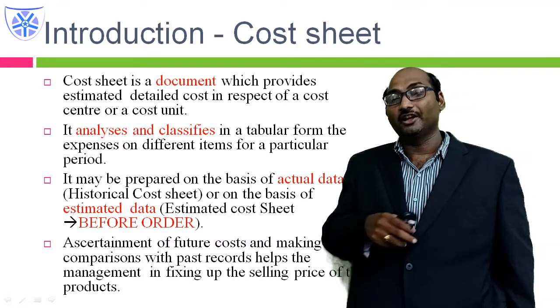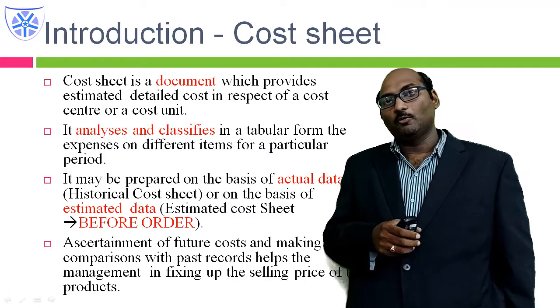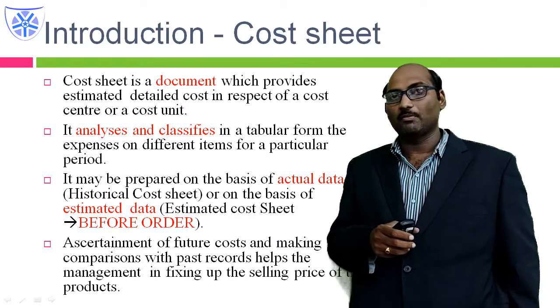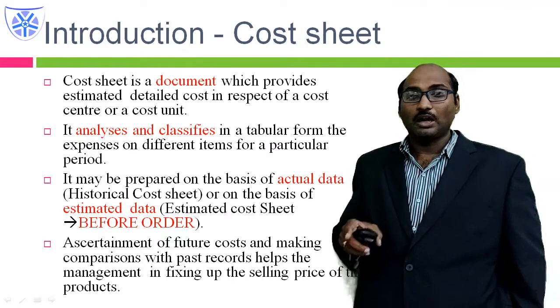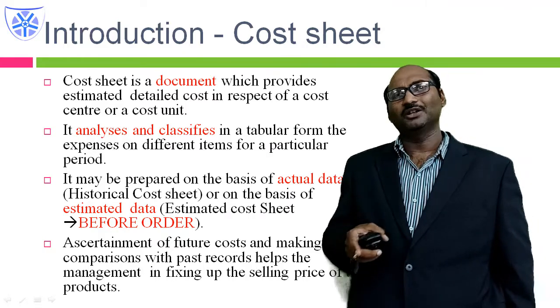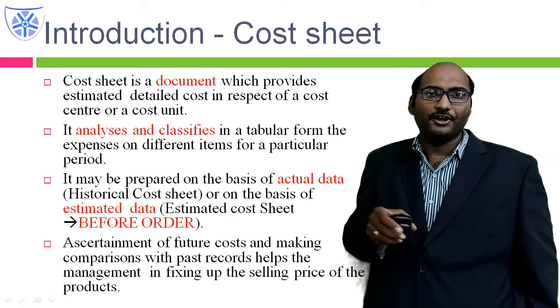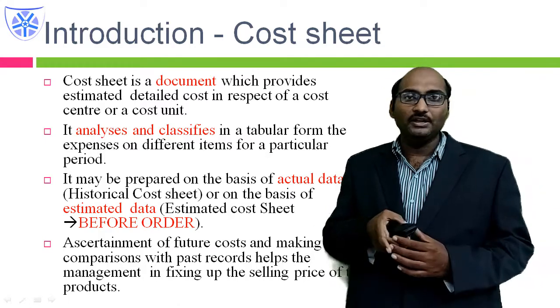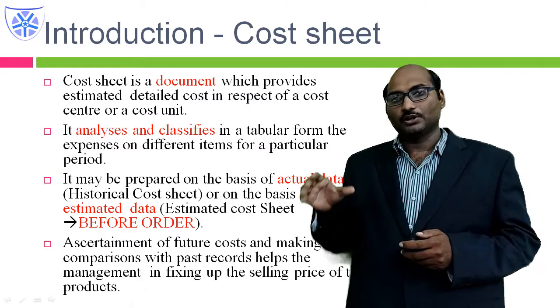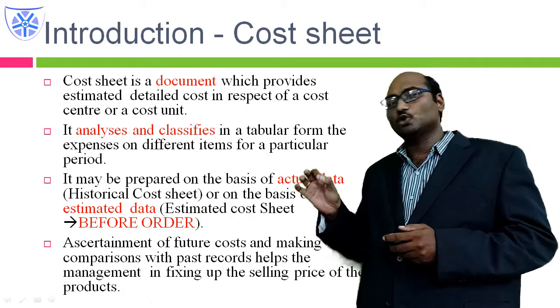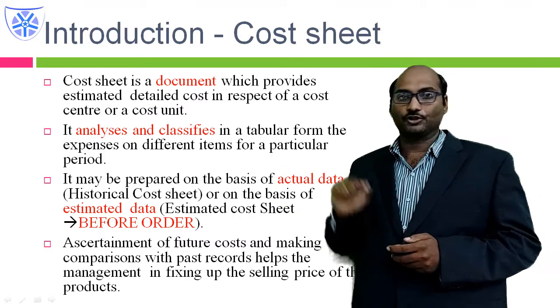Meaning earlier we have processed 100% cotton fabric. So what is the cost of that fabric? Can we consider the same? Or is there any change this time? Something like that. If we have historic data, obviously it will be very easy to understand the costs at present and give an almost accurate estimated cost sheet.